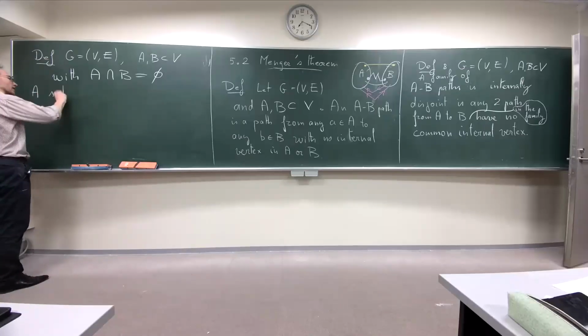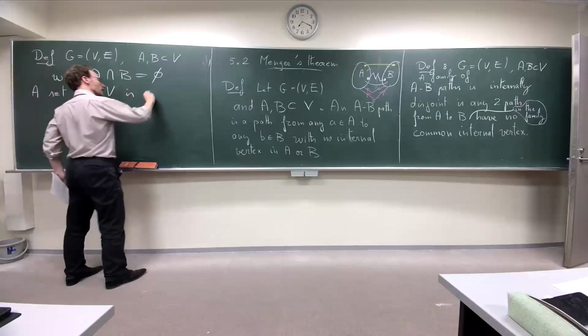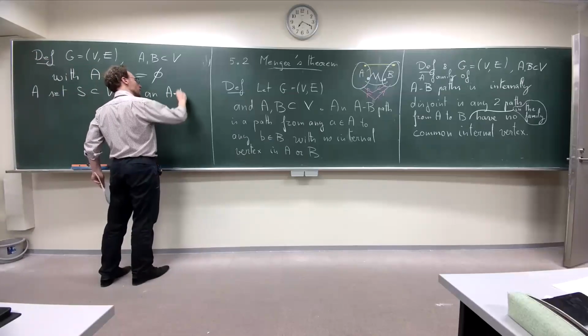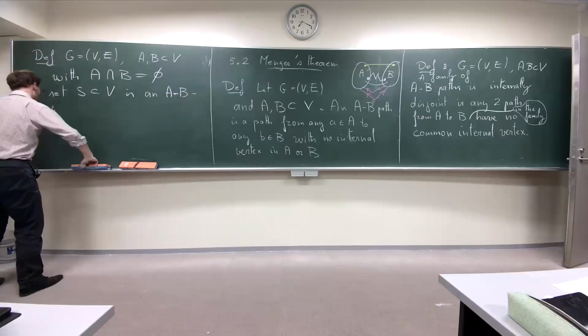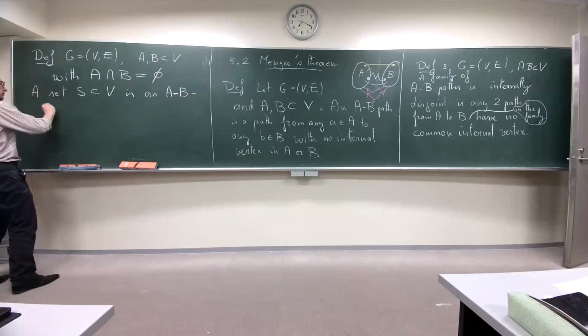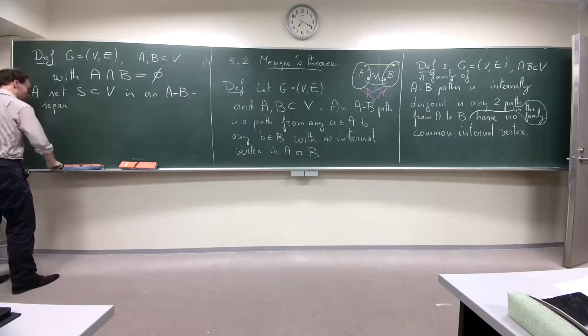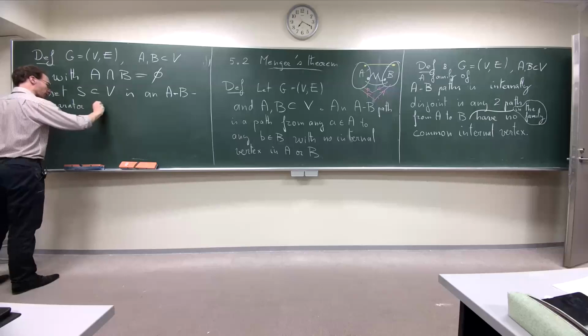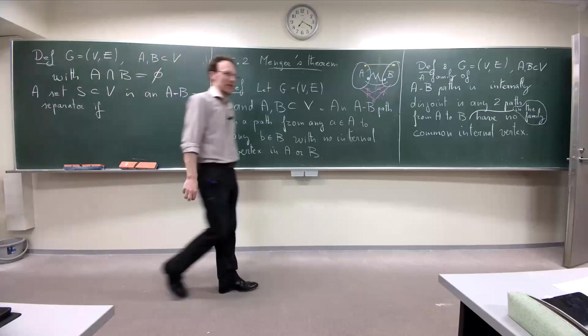A set S inside the set of all vertices is an AB separator if... who can propose a definition? No, you are not allowed. Somebody else. What could be a good definition for AB separator?